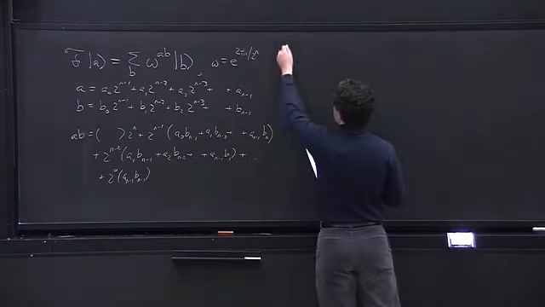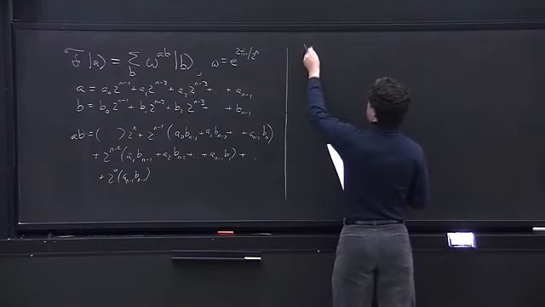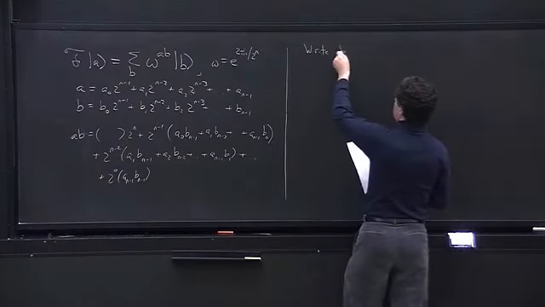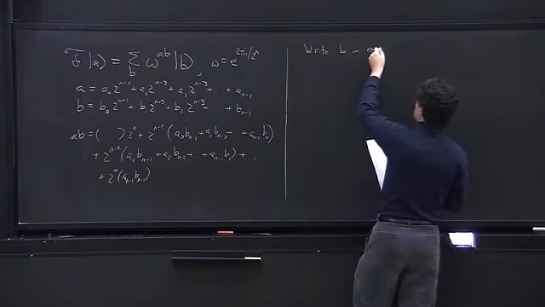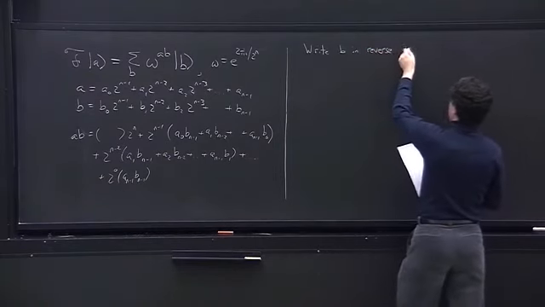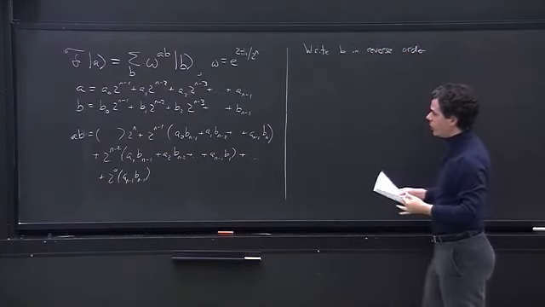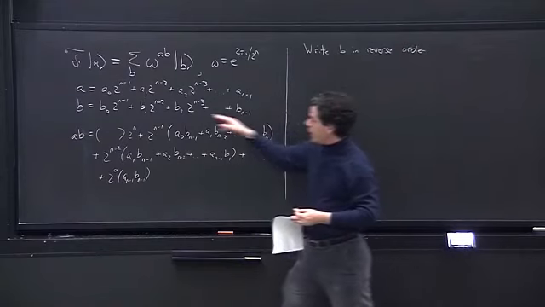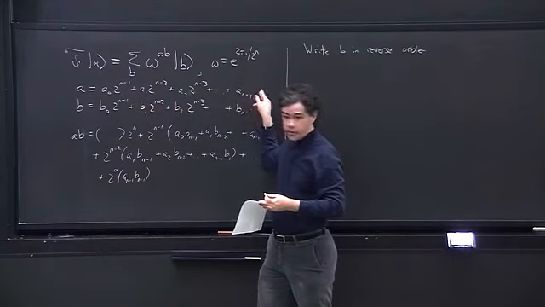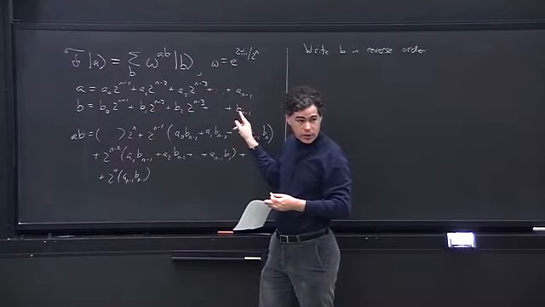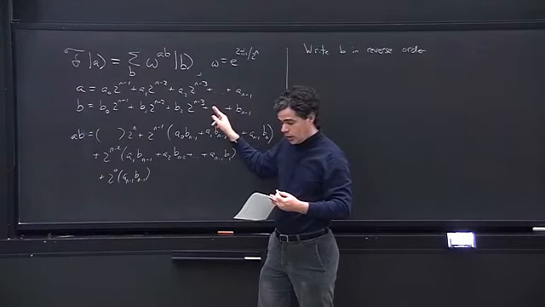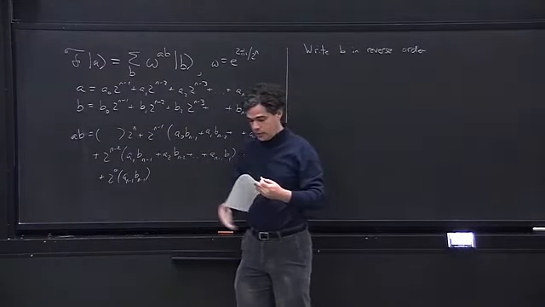So it turns out that it's convenient to write B in sort of the reverse order from A. So if we're writing A0, A1, A2, etc., we're going to write B as B n minus 1, B n minus 2, down to B0.